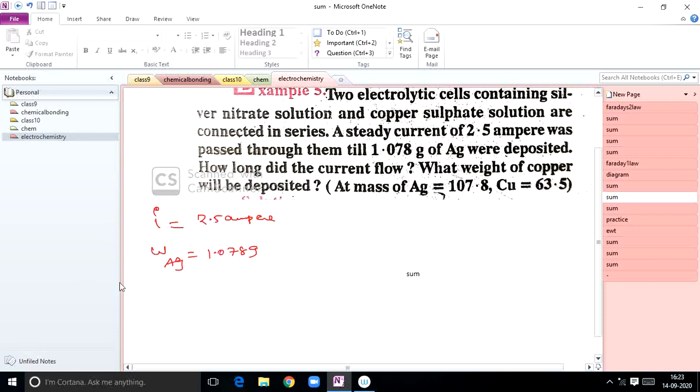How long did the current flow? What is the weight of copper that will be deposited? Weight of copper we don't know, X.